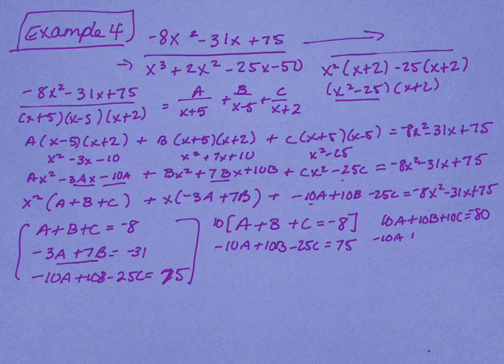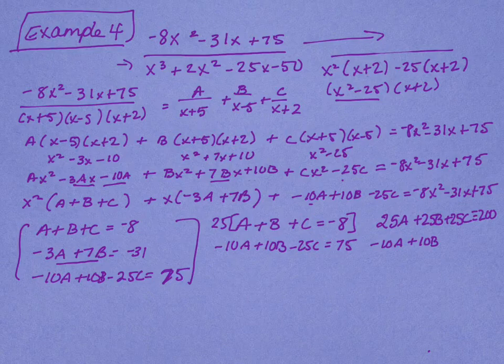So go back to my original plan and multiply that by 25 to get rid of C. So sorry, 25A plus 25B plus 25C is 8 times 25, -200, right? -10A plus 10B minus 25C equals 75.